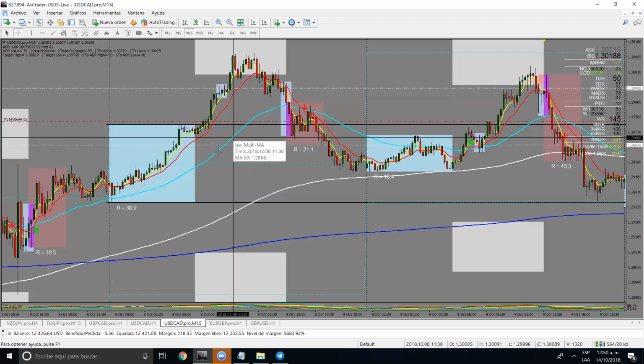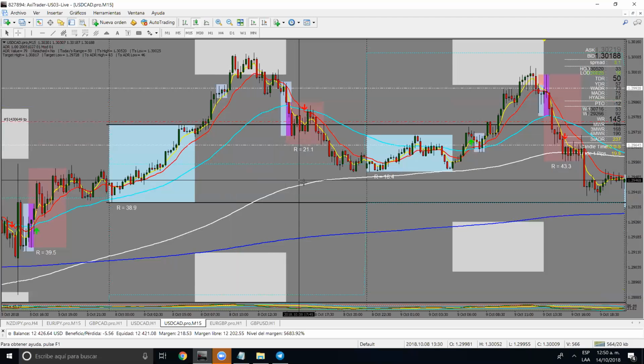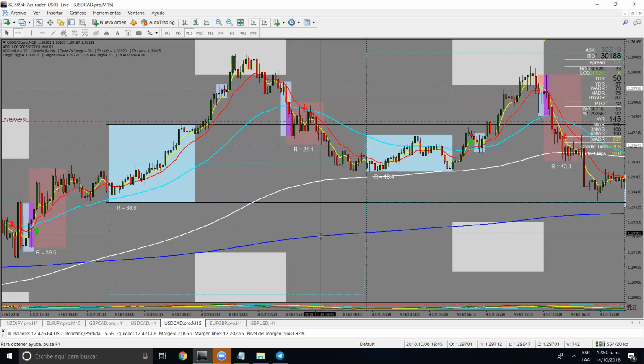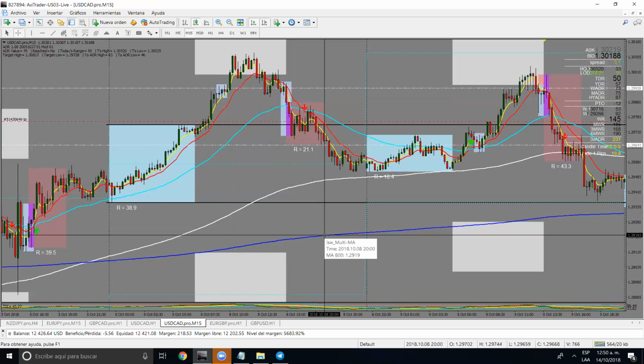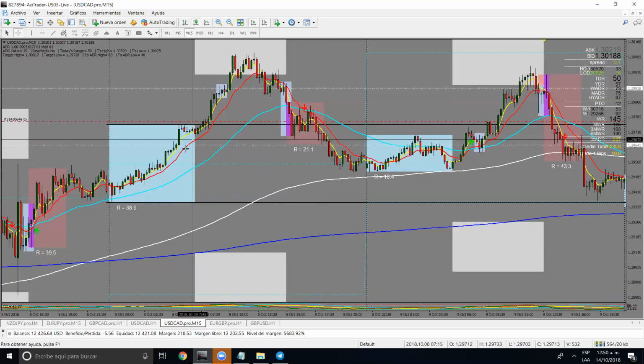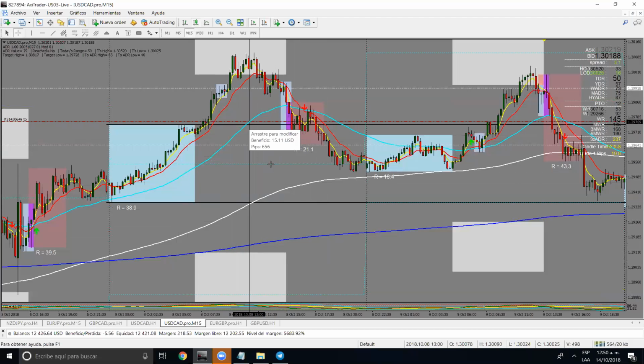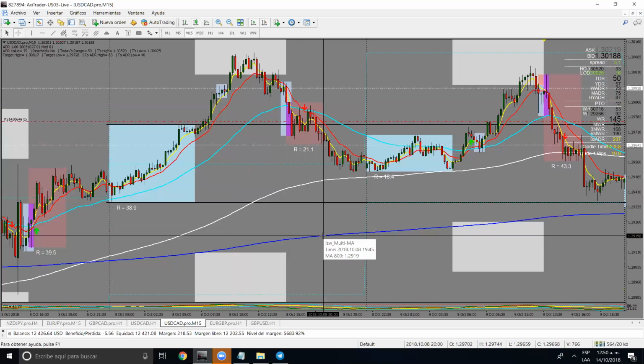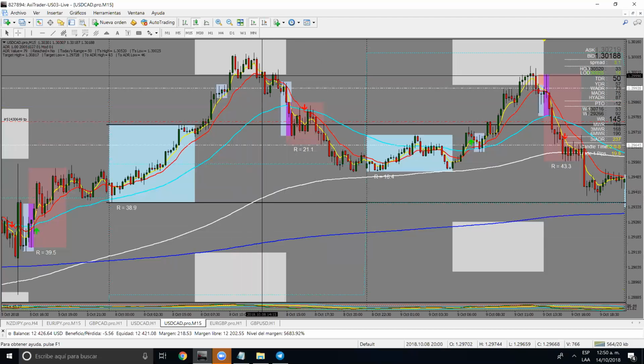This is the most important: water, 50 periods, 200 periods from mayo, and blueberry, 100. After that we have a little one, but we are not going to use it too much. The most important are these three: 50, 200, and 800. This is more for closes.